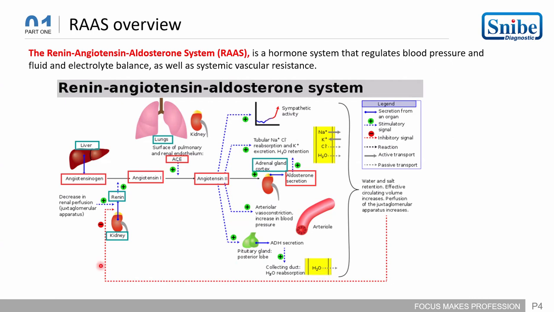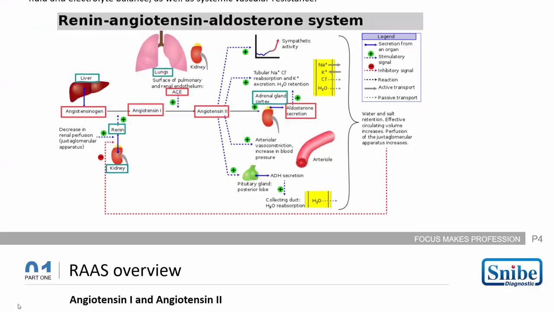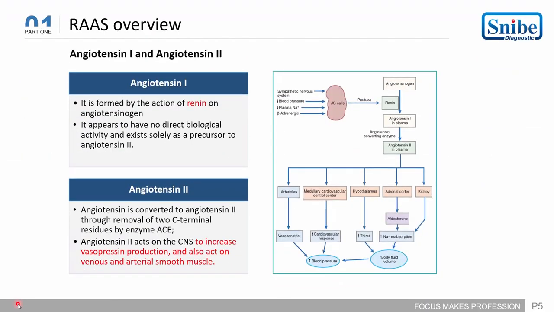the renin-angiotensin-aldosterone system process. If we go further into the RAS overview, there are two analytes: one is angiotensin 1 and the other is angiotensin 2. Angiotensin 1 is formed by the action of renin on angiotensinogen. It appears to have no direct biological activity and exists solely as a precursor to angiotensin 2.